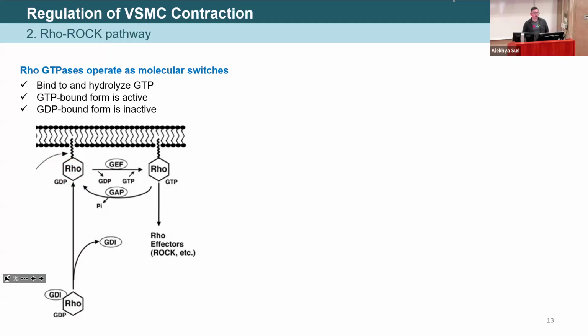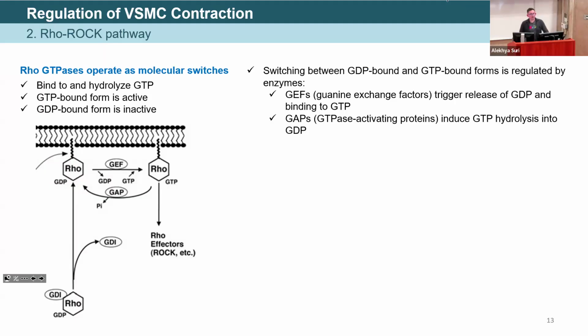So one of the effectors of activated Rho is, in fact, Rho kinase, right? Rho GTP is able to activate this kinase, which then leads to the phosphorylation of a bunch of things. The switching between GDP and GTP is regulated by these enzymes.